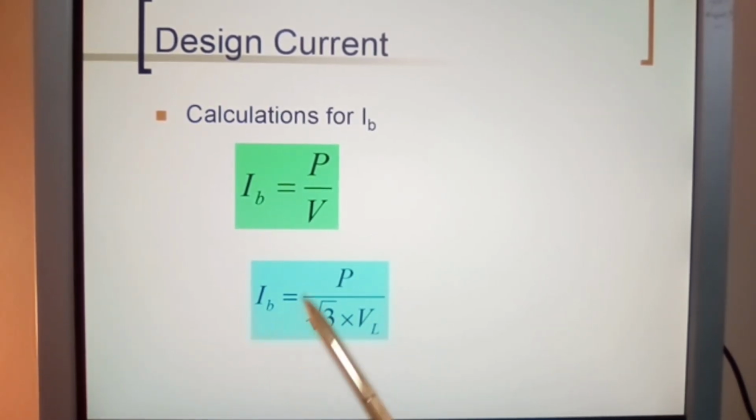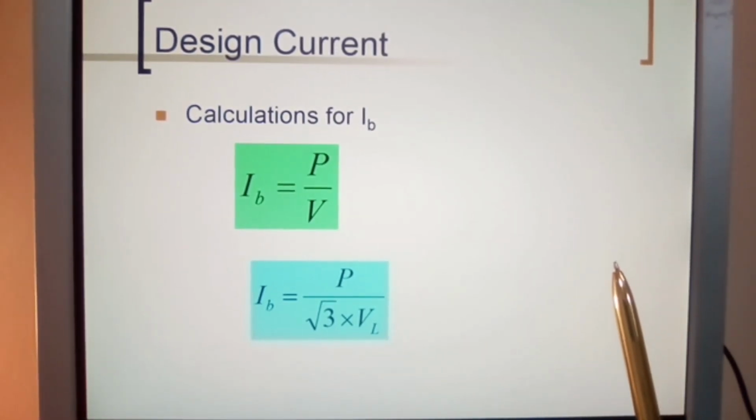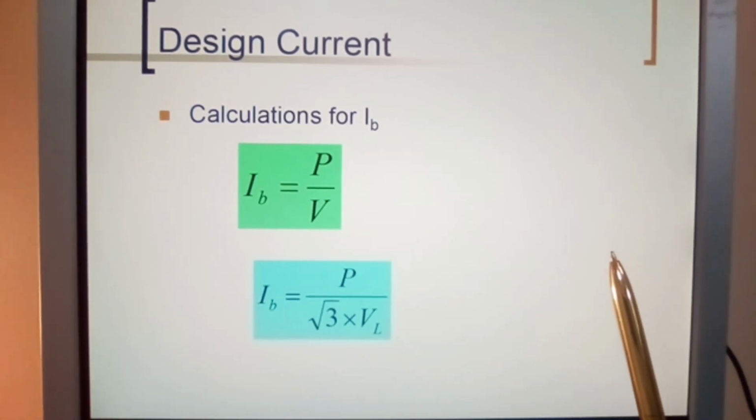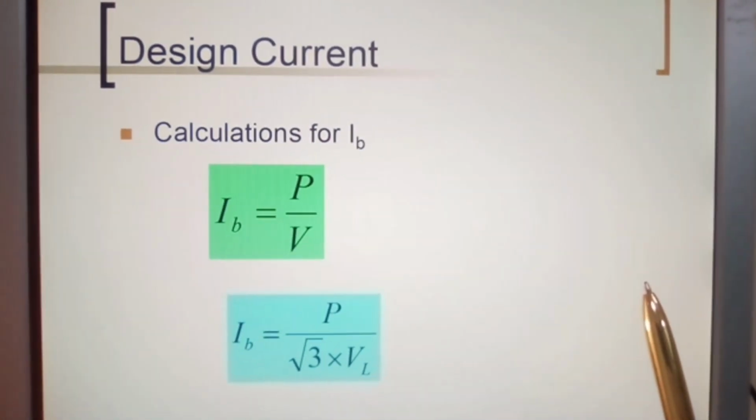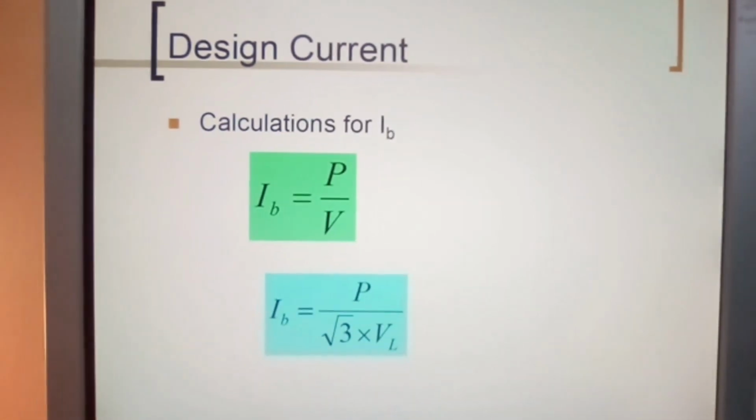And IB equals P over the square root of 3 times VL.